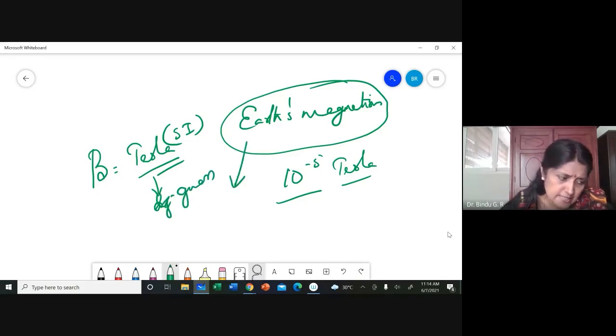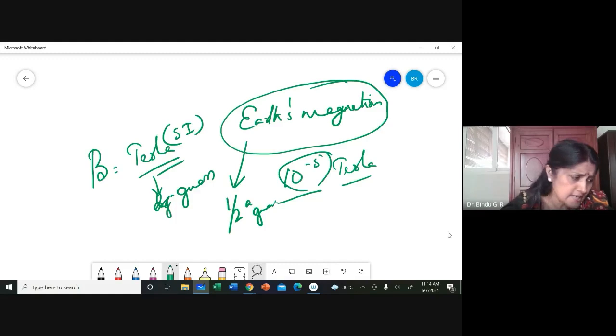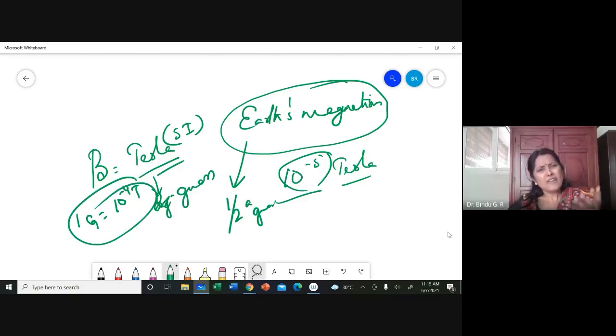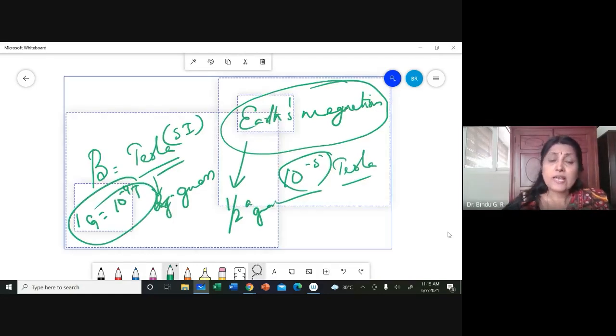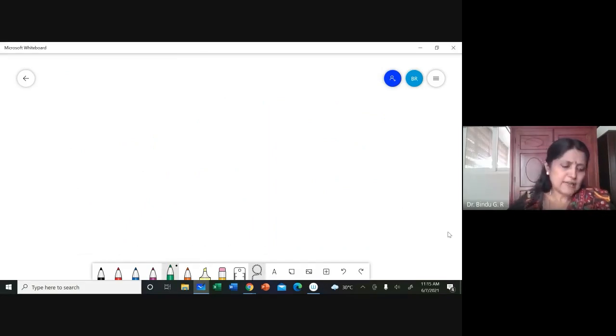Earth's magnetism is of the order of half a Gauss, because 1 Gauss is equal to 10 raised to minus 4 Tesla. Very small, so that can be mentioned only in terms of Gauss. Okay, let's start the actual phenomena, and during the journey I will discuss more. So, magnetic circuits.